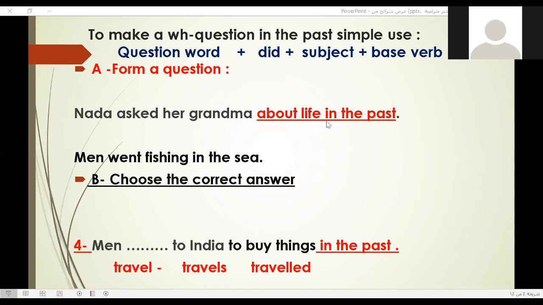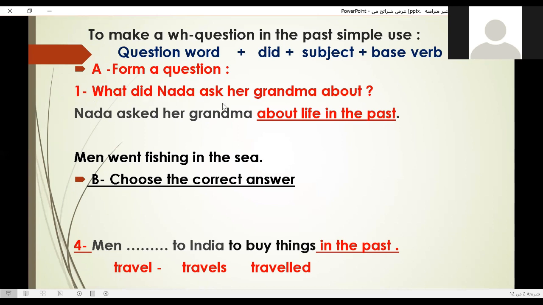But what is the WH word that you will use in your question? What. Very good. So can you continue? What did Nada ask her grandma about? Very nice. Let's see. What did Nada ask her grandma about? That's right. Thank you very much.